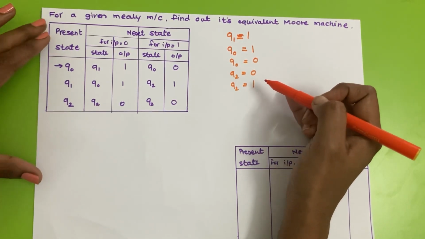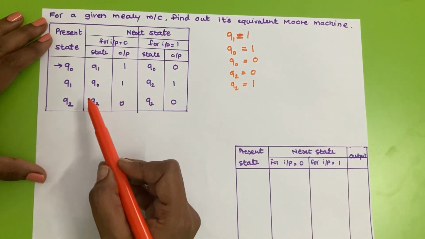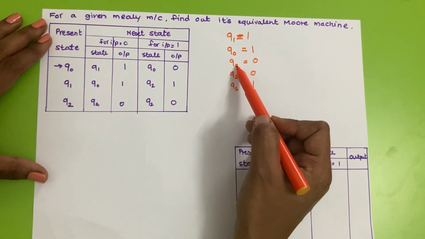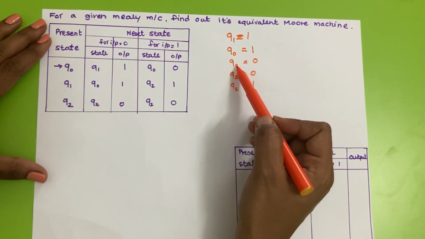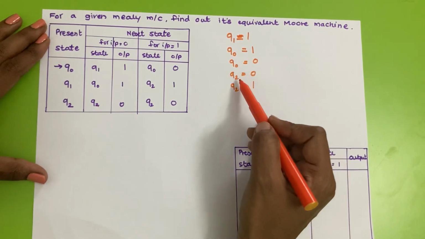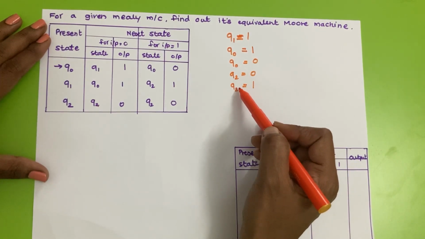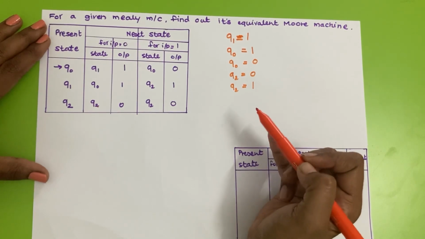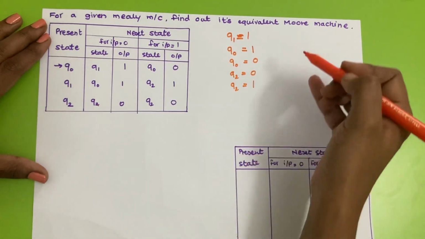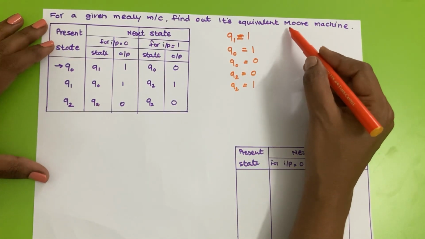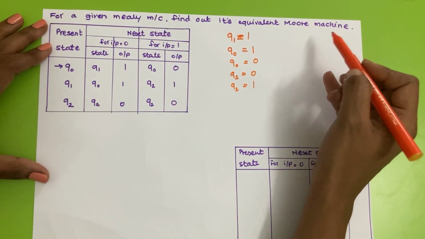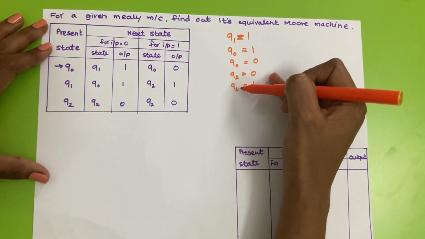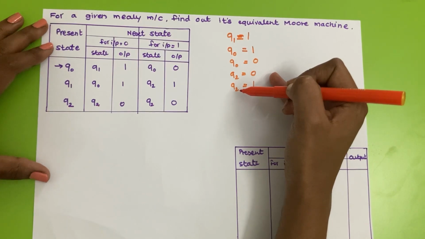That means we have two states with two output symbols, state q0 as well as state q2. So in the resultant equivalent Moore machine we can have this many states.